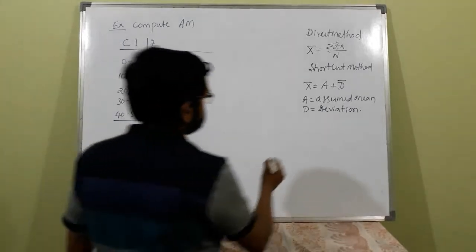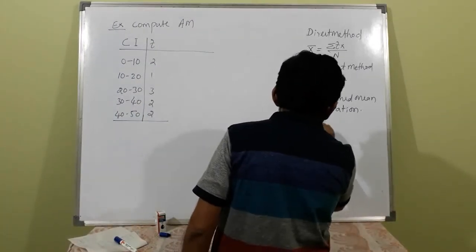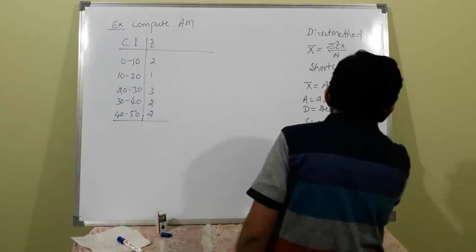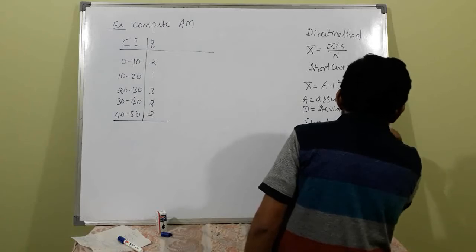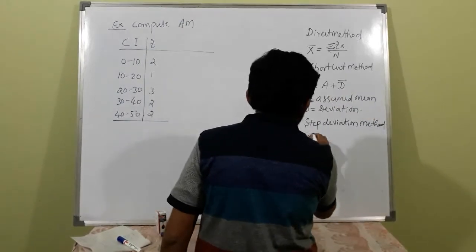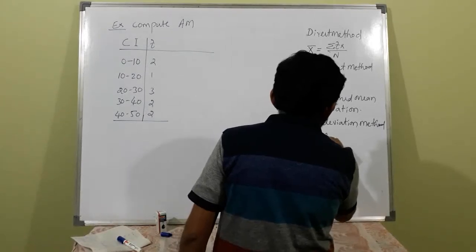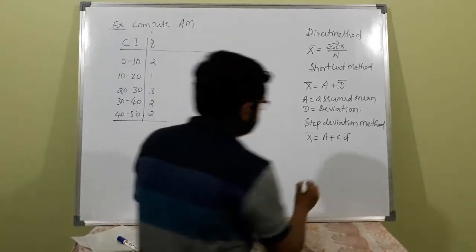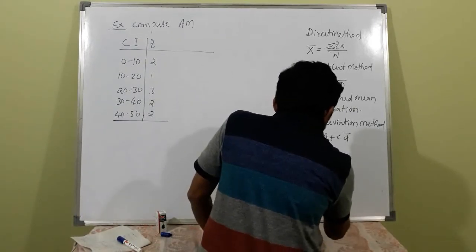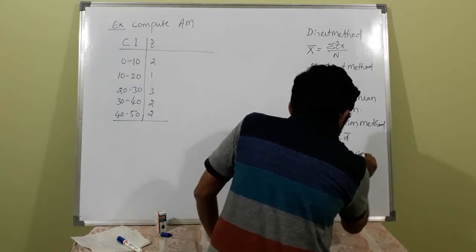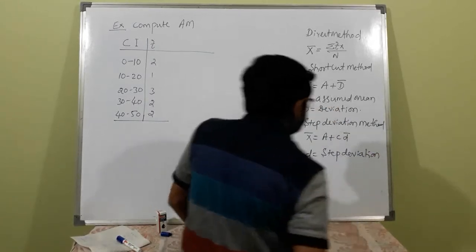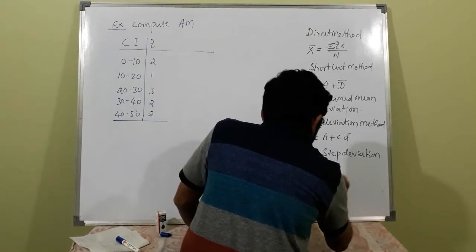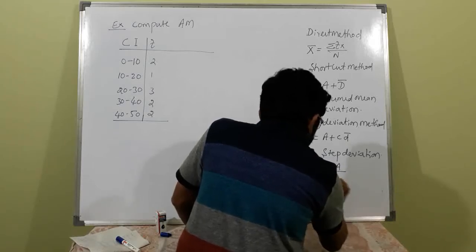Okay. In step deviation method, x bar is a plus c into d bar, where d is step deviation, and that d is given by x minus a divided by c.